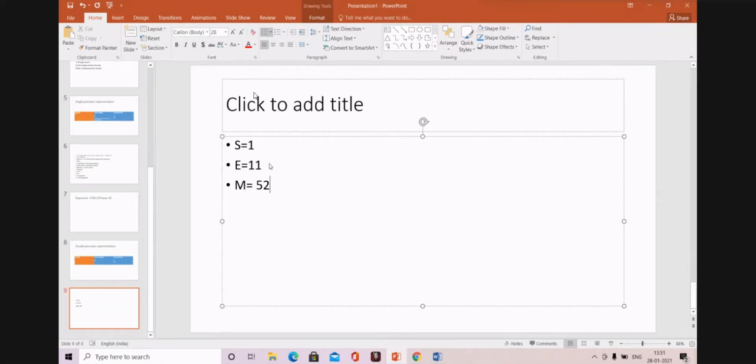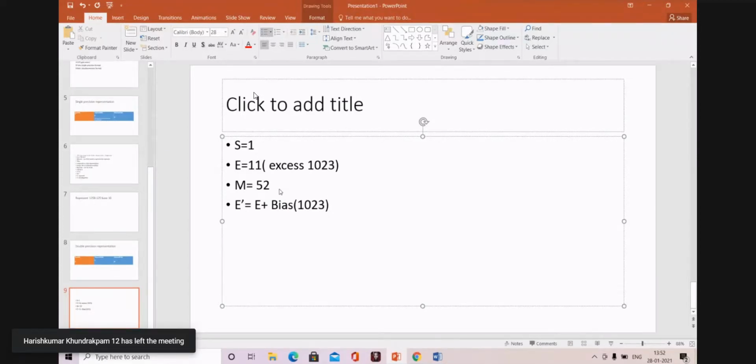The exponent is excess 1023, and E bar equals E plus bias. Bias is actually your 1023.